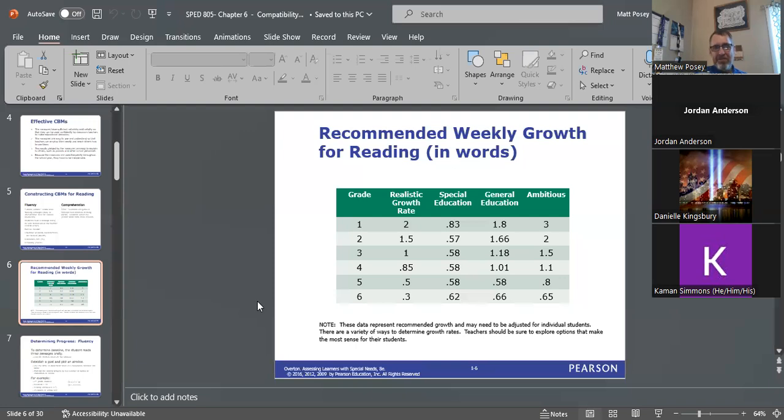So here's a recommended chart. It provides data. So for grade 1, it's talking about a realistic growth rate of 2. If it's special education, it's 0.83. General ed is 1.8. And if they're really ambitious, 3 words. Okay. And it goes all the way up to 6th grade.